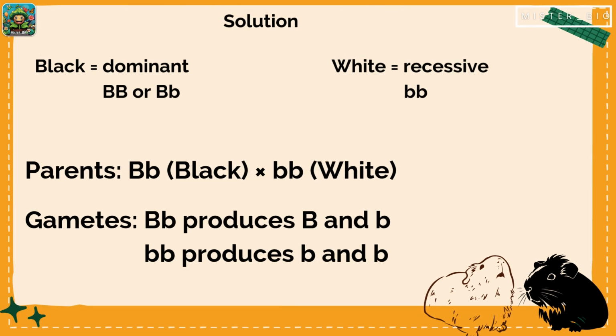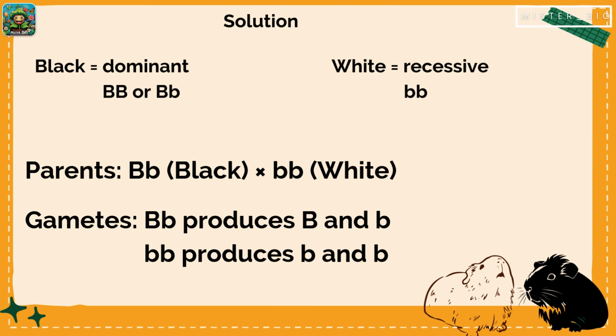First, let's set up our cross. The black fur trait is dominant, so a black guinea pig can either be homozygous, represented by two uppercase B's, or heterozygous, represented by one uppercase B and one lowercase b.